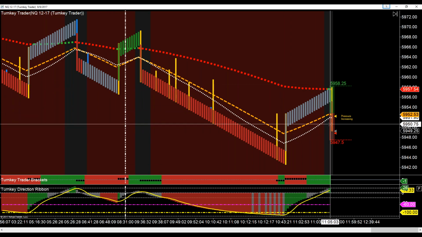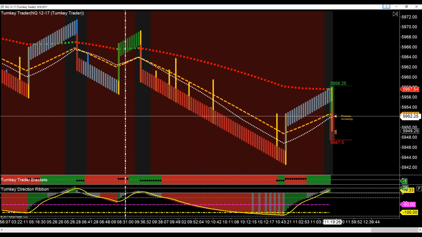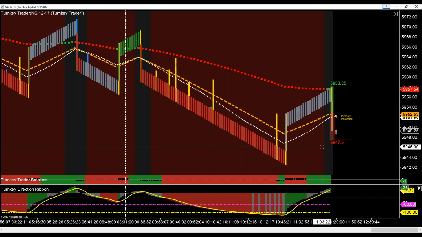They're going to have to cross through the orange line. It really helps me to know that I don't have to even consider qualifying a trade until that orange line is touched by one of the tails.